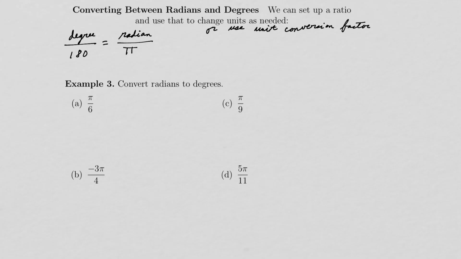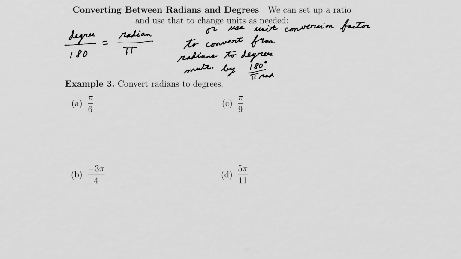So if I want to convert from radians to degrees, I want radians to cancel and degrees to survive. So I want to multiply the angle in radians by 180 degrees over pi radians. Okay, and if I want to convert the other way, I need to flip that, right?